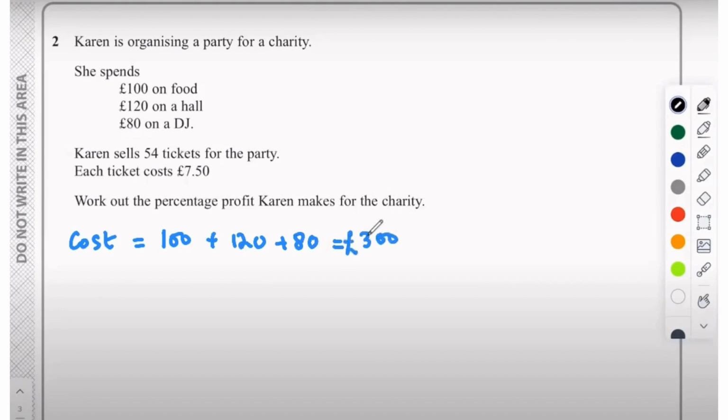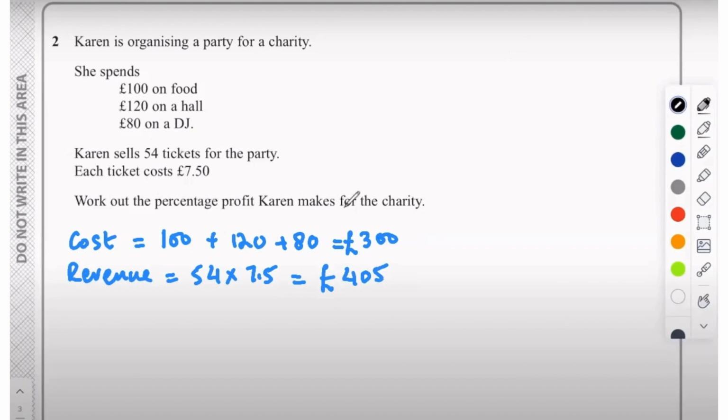300 pounds. Now, next we'll find the revenue that she's made after selling the tickets. So her revenue is going to be 54 times 7.5, because she sold 54 tickets and each ticket cost 7.5 pounds. So that's going to equal 405 pounds.